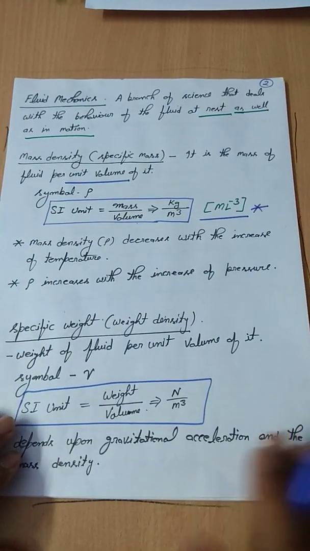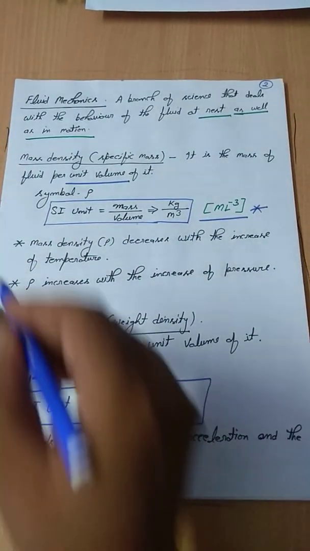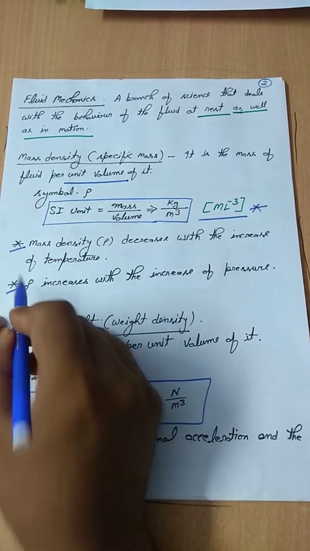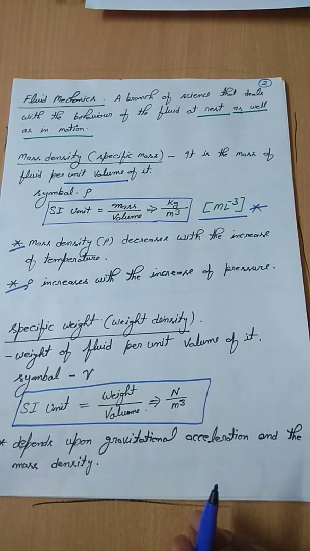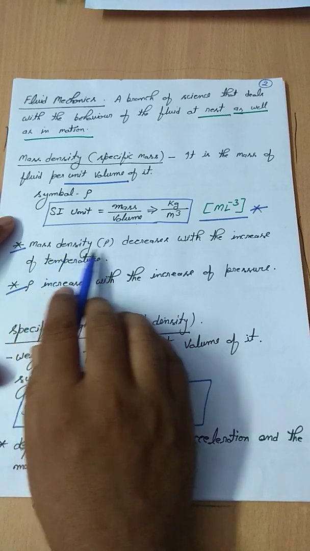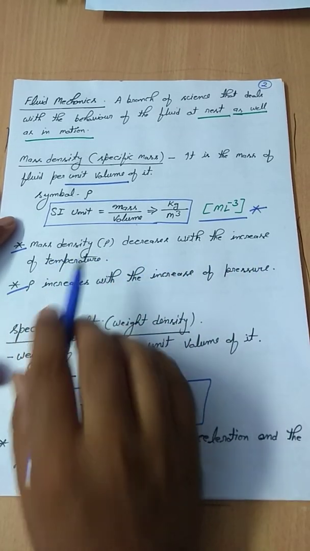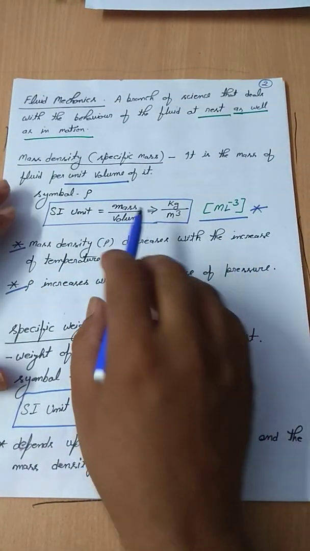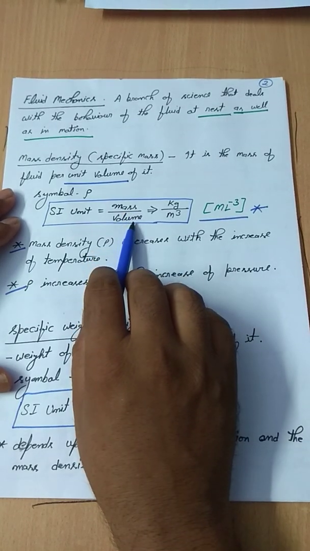I will discuss that also. So let's quickly understand the variations in mass density with variation in temperature and pressure. Mass density decreases with an increase in temperature. Why? Because mass density is mass upon volume.